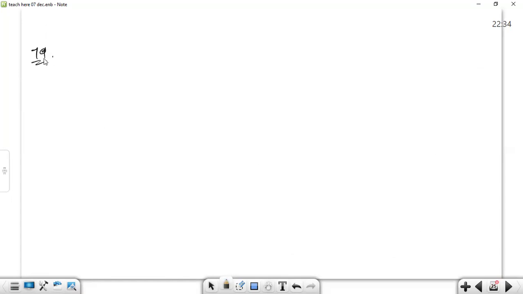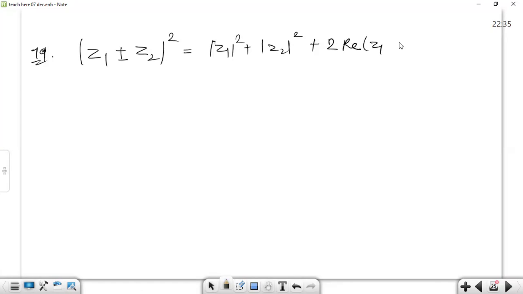Let's now move to property number 11. Now this speaks about something interesting. This is the conjugate, Z2's conjugate. And this will be the answer when there is a plus sign between these two complex numbers.